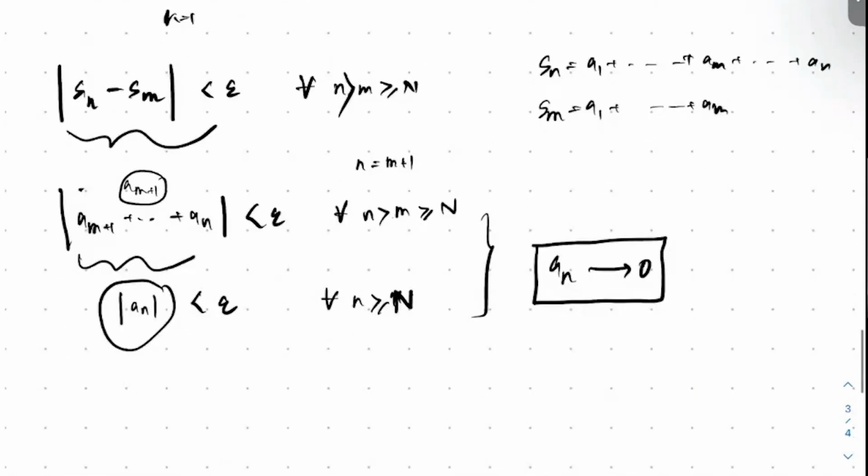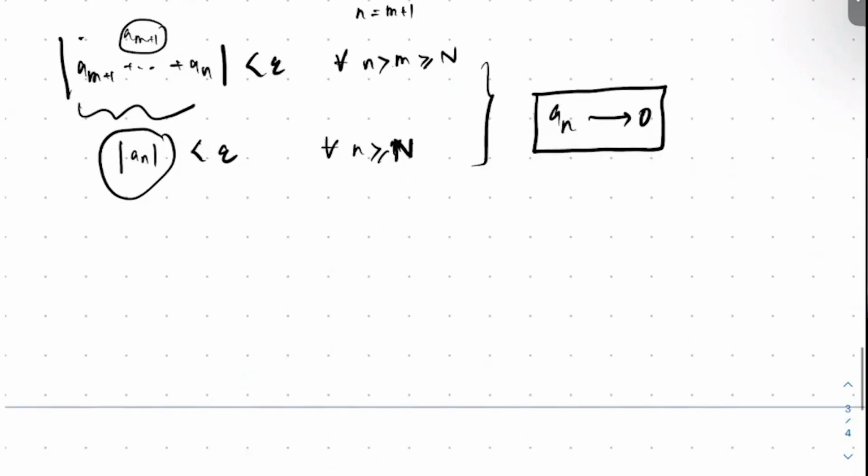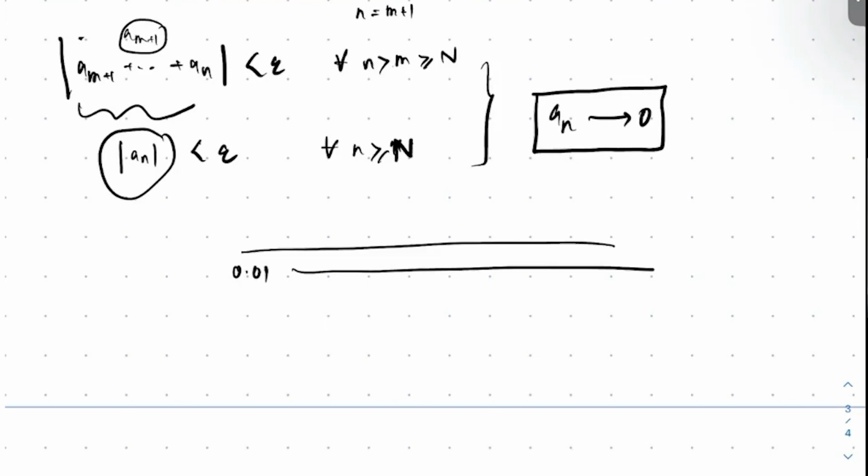That exactly is what we mean, that an should be very small. Let's say an is going to 0.01. That means in the long term it's going to 0.01. So all of them should be around a small epsilon delta region of 0.01, let's say 0.009 to 0.011.